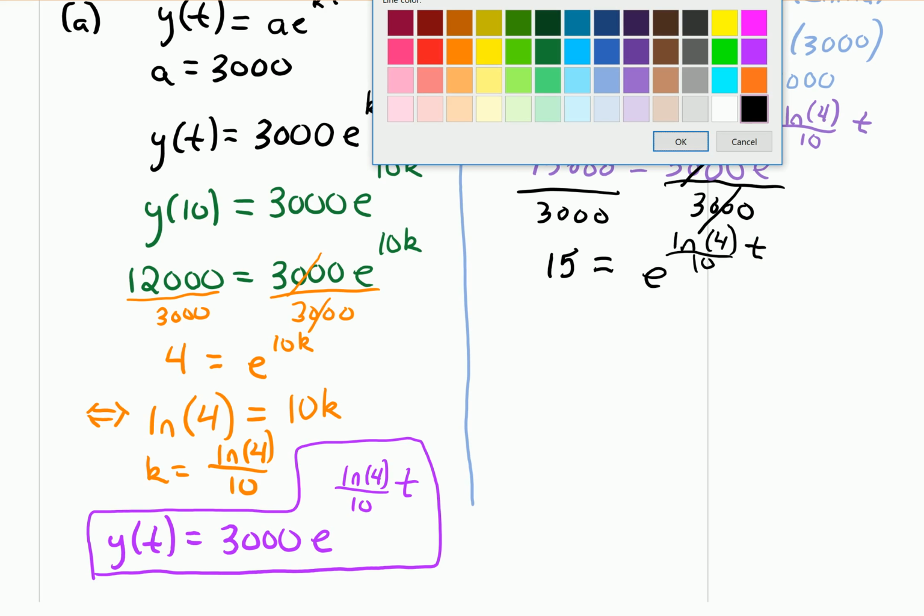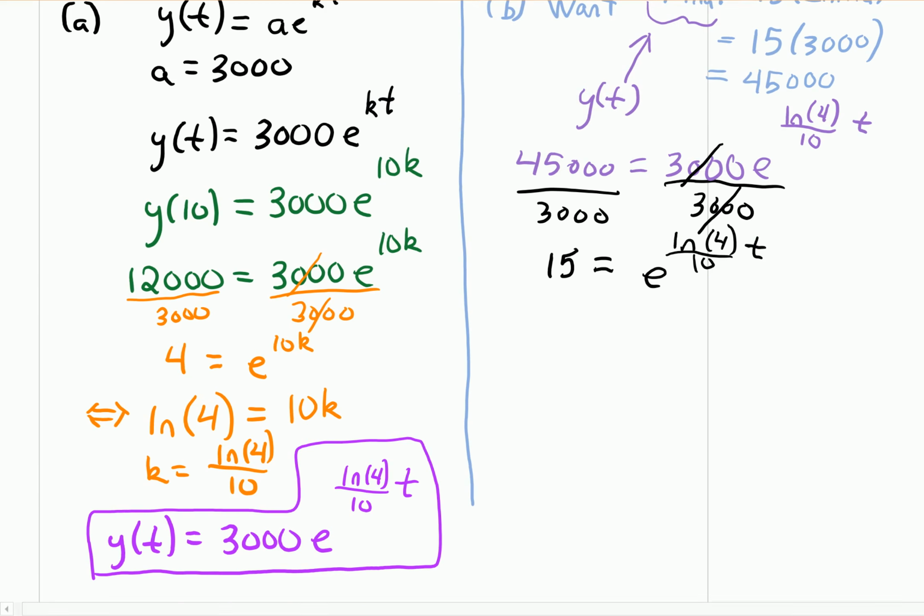If we transform this to a log, we get log base e again, which is ln. 15 goes inside of the ln, and the exponent, ln of 4 over 10 times t, goes on the other side.